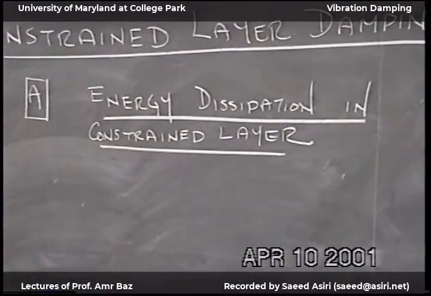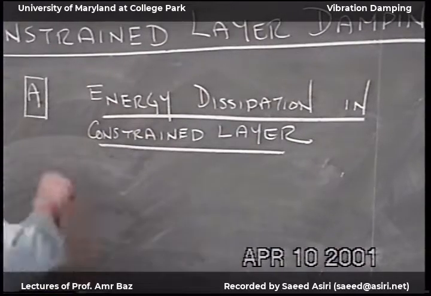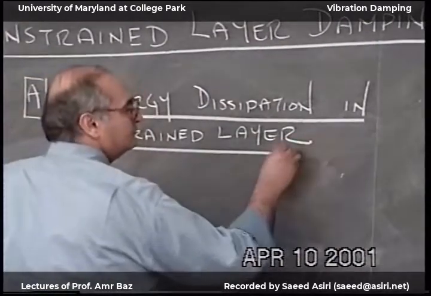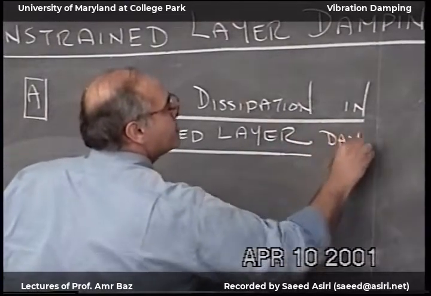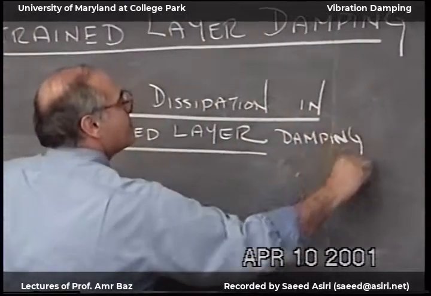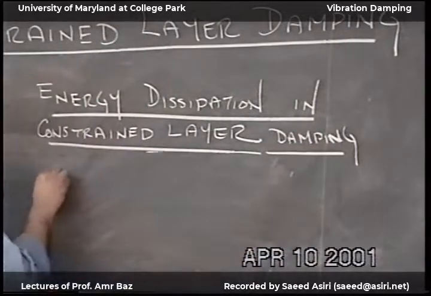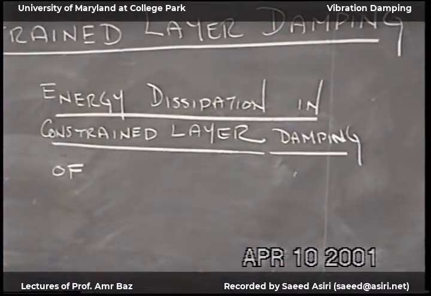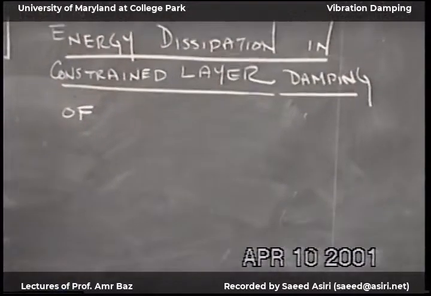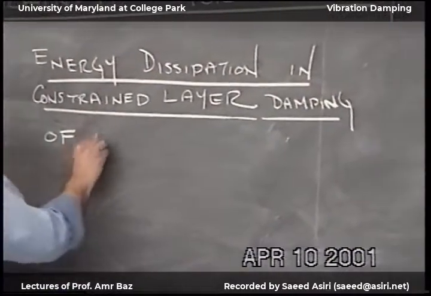The constraint layer is used with rods to dampen the longitudinal vibration. Constraint layer damping of longitudinal vibration.